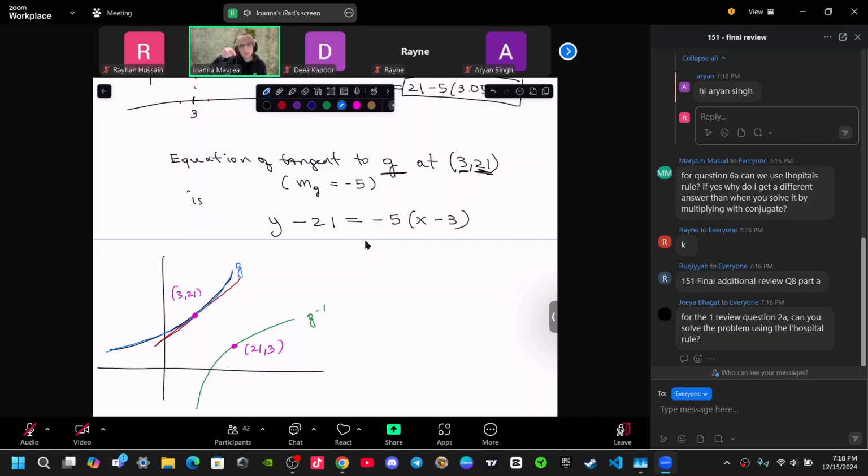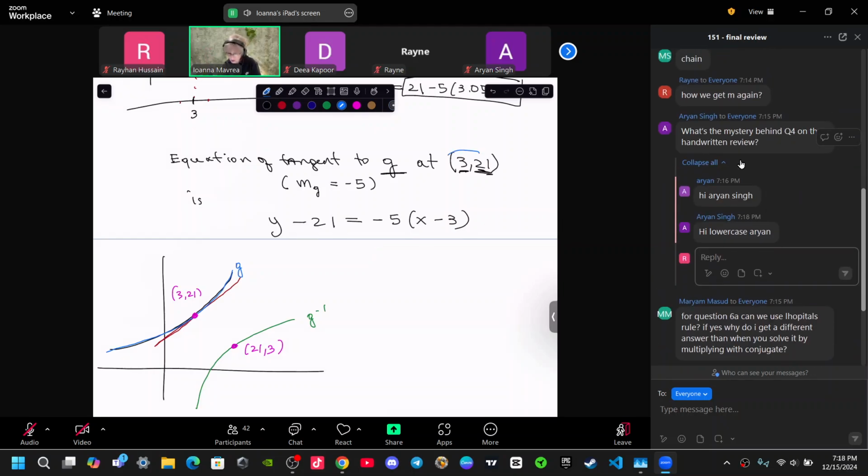So if you know a particular point on the graph of the function, and you know the tangent line there, you can write immediately the tangent line at the corresponding point. That's in quotes, I made that up. So the corresponding point on the graph of the inverse function.